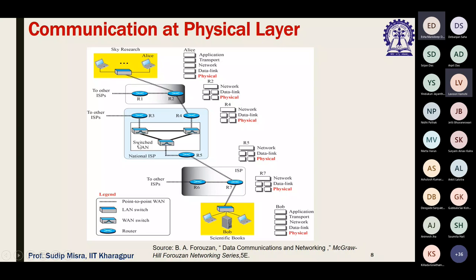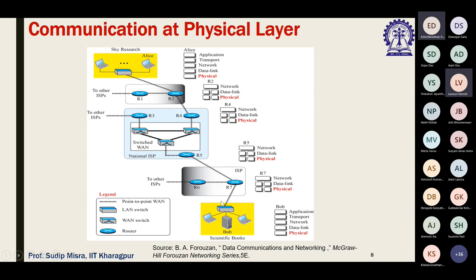Then there is maybe a national ISP, where there is a switched WAN in this manner. Finally, it comes to a smaller ISP closer to Bob, and the message gets delivered to the local area network of Bob.